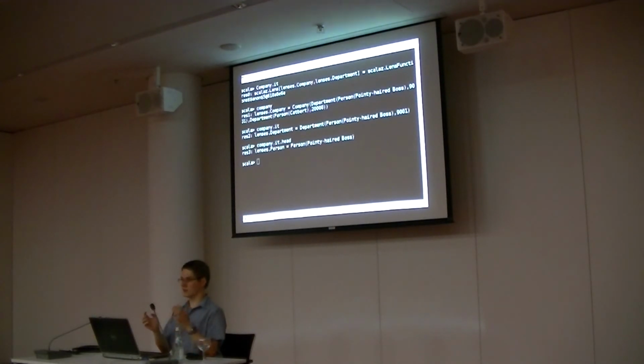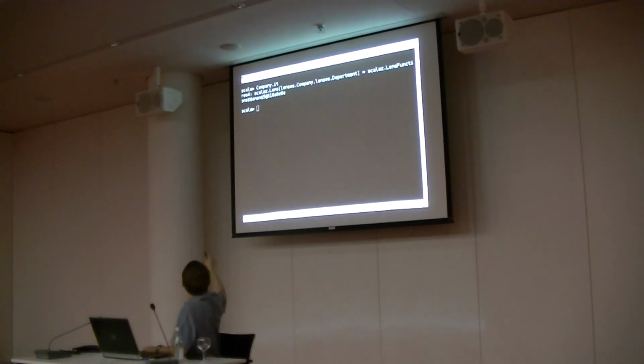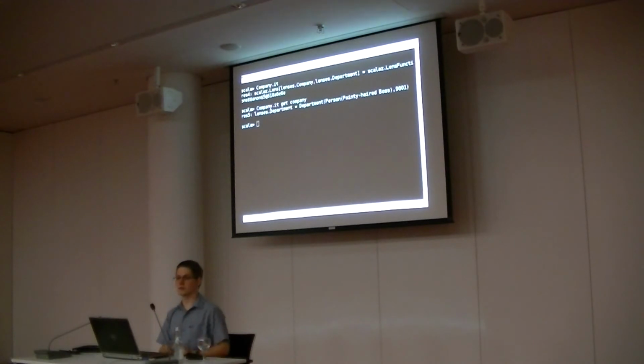So you have an accessor called company.it, and you pass it to company and it gives the IT department back. And that's really what this thing is. It's an accessor, it looks for a department in the company. And now you can call get on it, and it gives you the IT department. So that's not really interesting. It's the same thing we've done before. It's the same as if we are calling company.it.